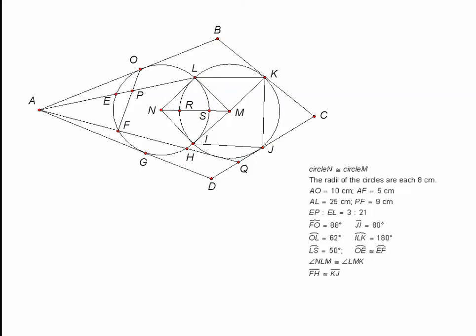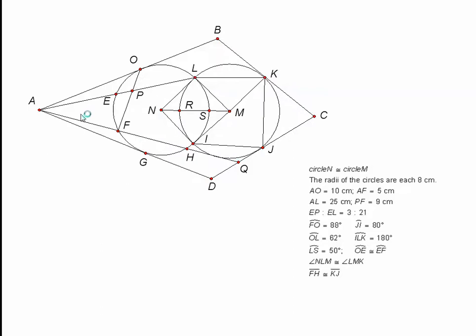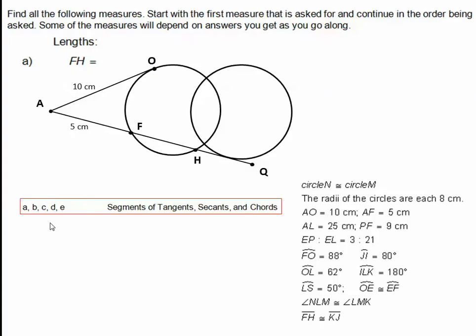So what I'm going to do is take you through and kind of give you hints how to work each part. Now you'll see here that I took the big messy picture, and for Part A, B, C, D, and E, I just took out the parts that I needed. See, all the other segments and information's gone. I know to find Part A, FH, all I need is this information right here to find FH.